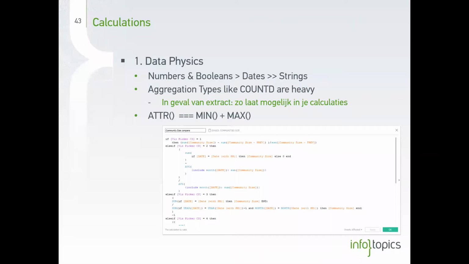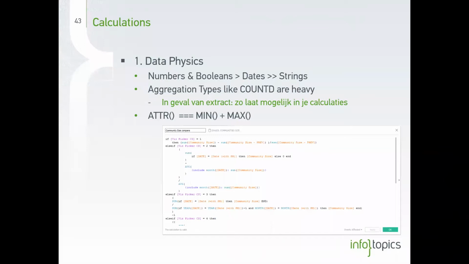So if you do something like, if named like Merlijn, then pretty awesome, else even more awesome, that's okay, but you can also translate that to maybe something like an integer. So Merlijn is 1 and the rest is 0. And that's the most efficient way to do an if-else statement or anything else you can do in Tableau.